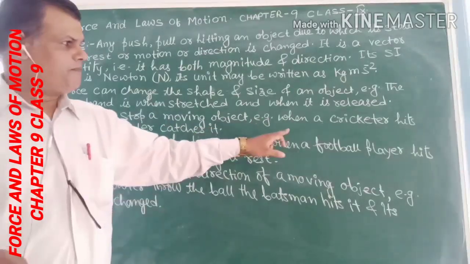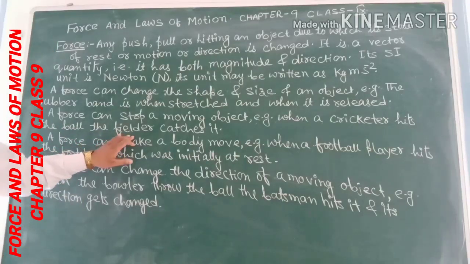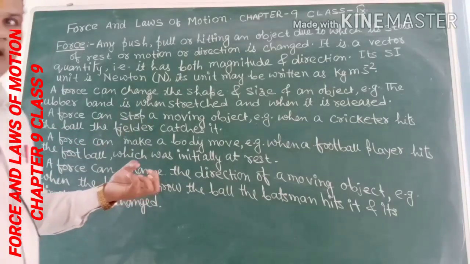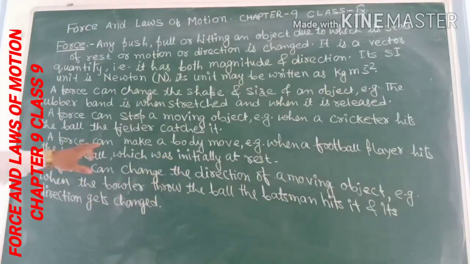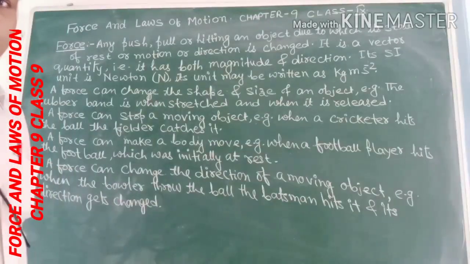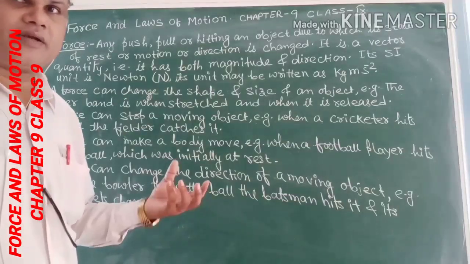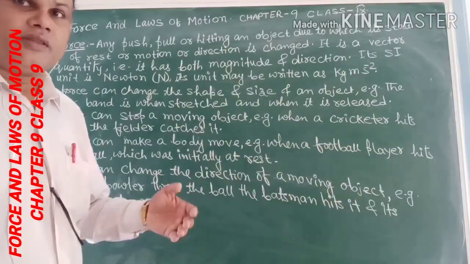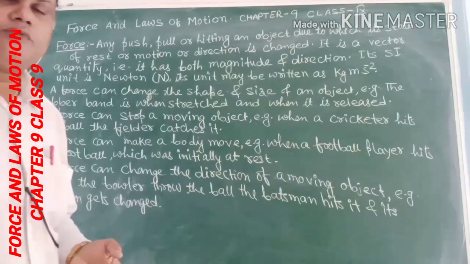For example, when a cricketer hits the ball, then the fielder catches it and the ball comes to rest. A force can make a body move. For example, when a football player hits the football which was actually at rest on the ground, then after hitting by the player, it starts moving.